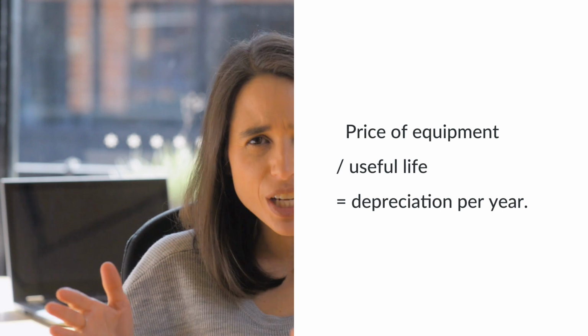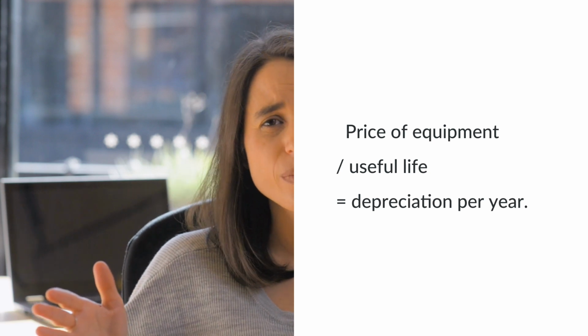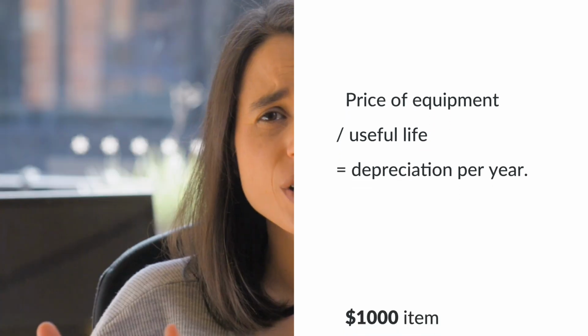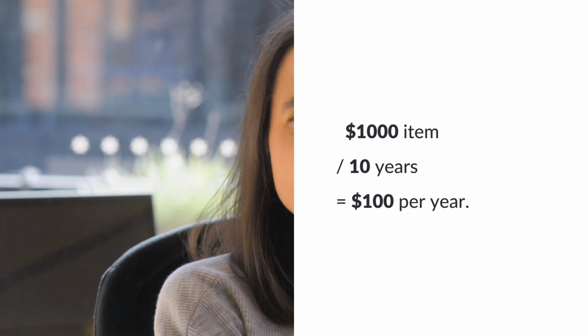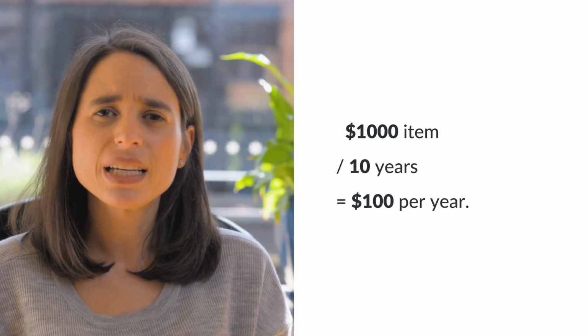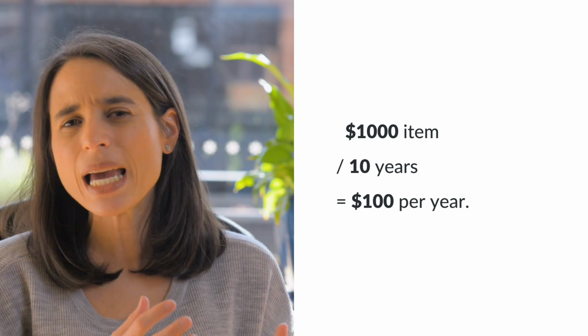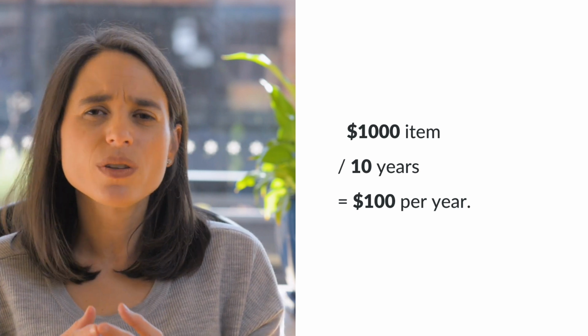So I might depreciate that oven over a 10-year basis. So I can depreciate $100 each year over 10 years. But basically what depreciation is for all my capital items, what is the useful life, and therefore how much of it is going to be used up in each year that I'm operating my business.